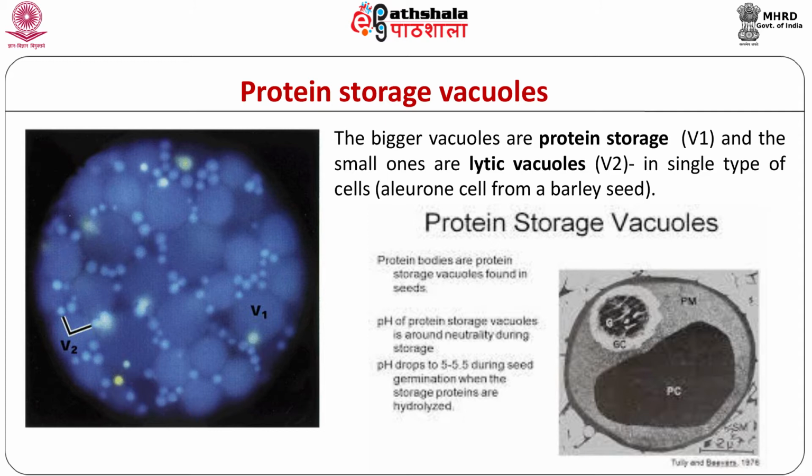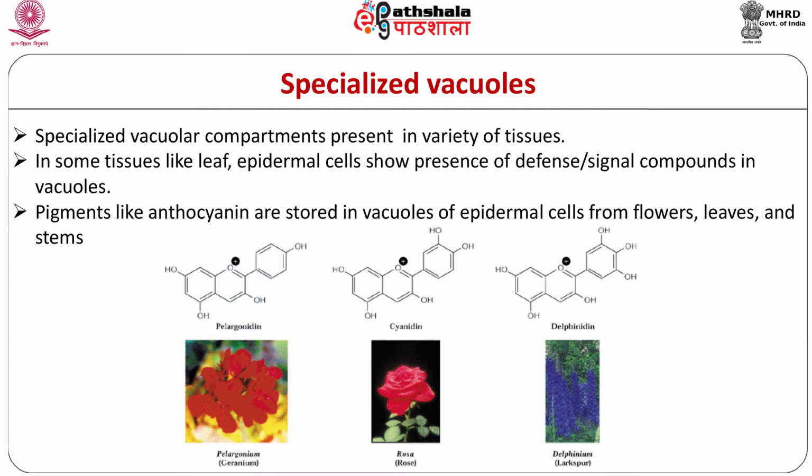Protein bodies are protein storage vacuoles found in seeds, which maintain their pH, as shown in the figure. Specialized vacuoles. Specialized vacuolar compartments are present in a variety of tissues.